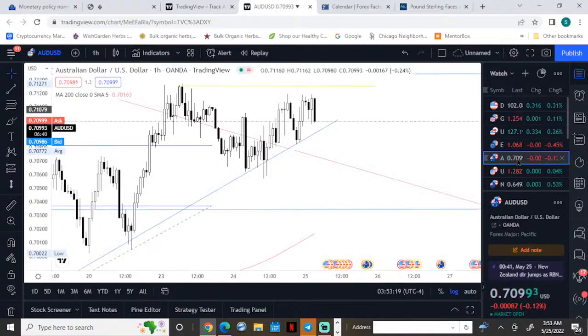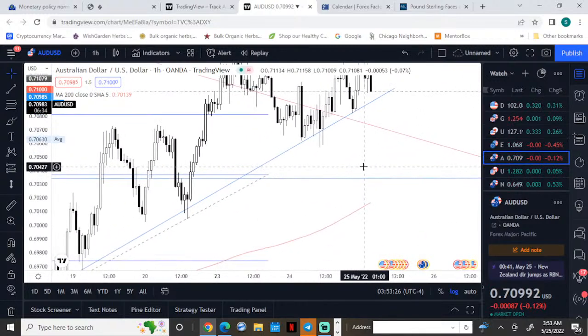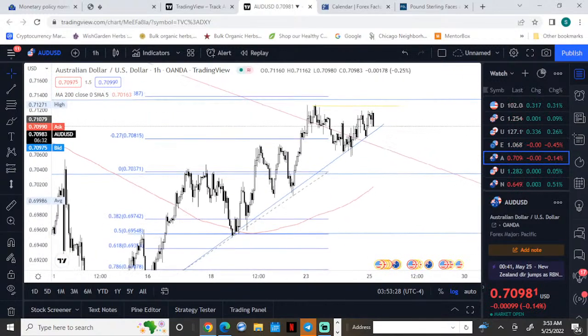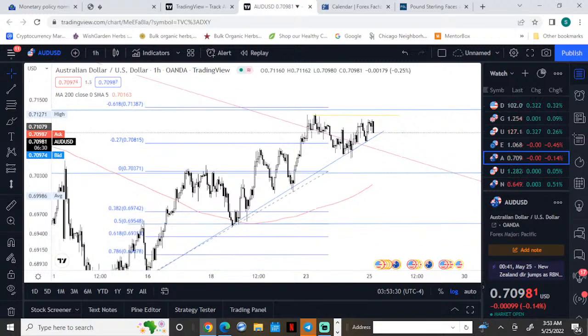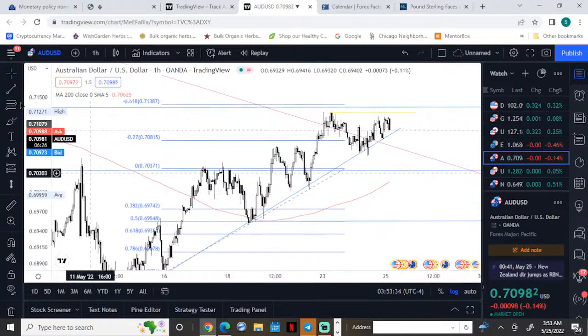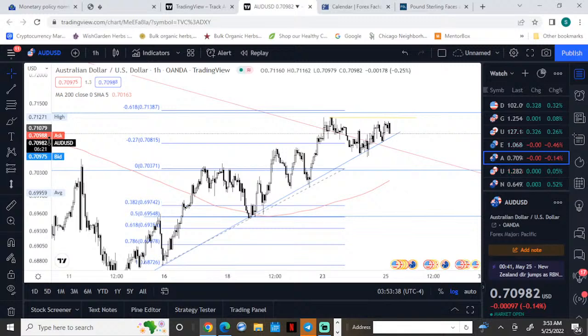All right, we got AUD USD. Looks like on the 15-minute it's really respecting this trend line, which is beautiful. We got our fib right here. Not the 15-minute, I'm on the hour. Price didn't quite reach.